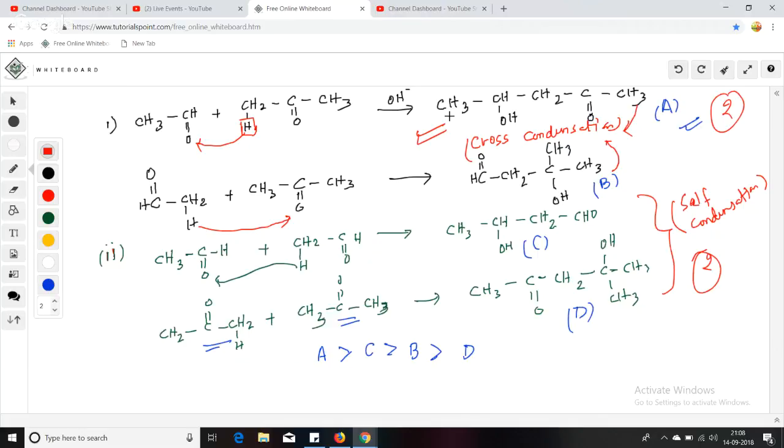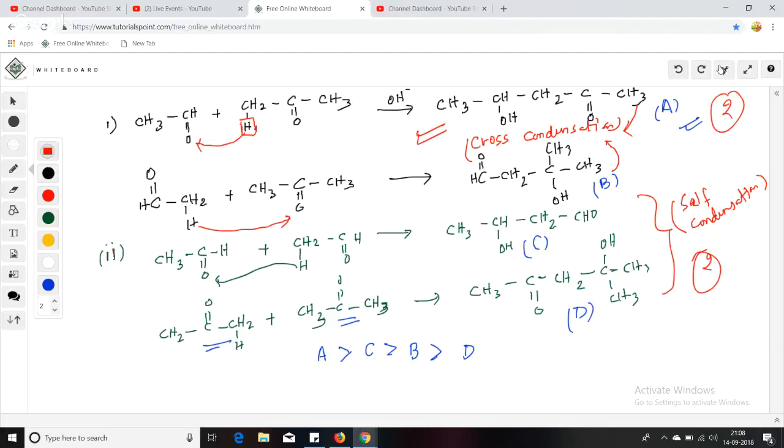Now the next thing that is important in this chapter, and that we are going to discuss here, is the Cannizzaro reaction. In this also we take two molecules of aldehyde.